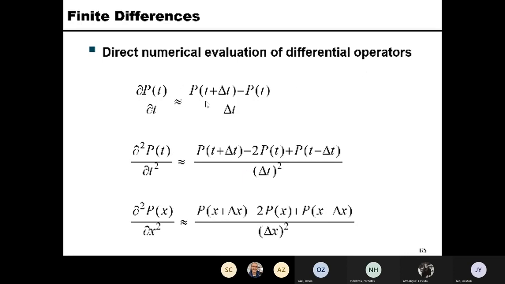Basically, if you solve that, you have a finite difference way. We call it finite difference. For the first order, you simply take the wave field at different times divided by the time difference, right? For the second order, you do it one more time, you get the second order. For the spatial direction, you also have a similar formula, basically p minus 2 and the plus 1 minus 2 and p.